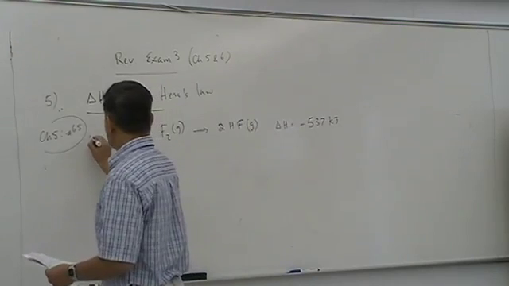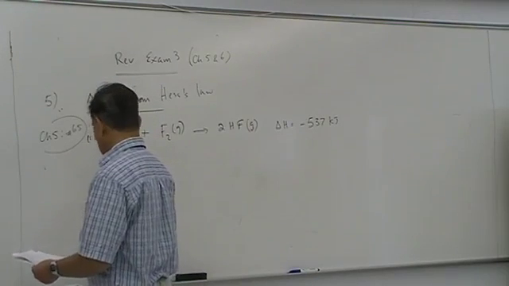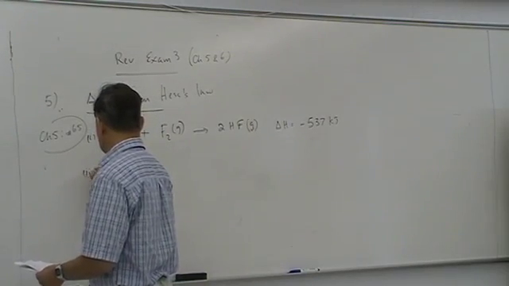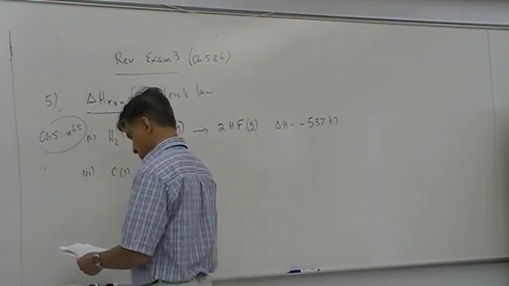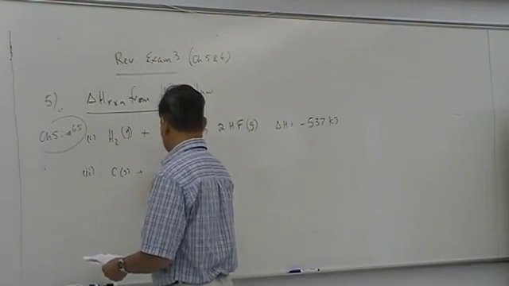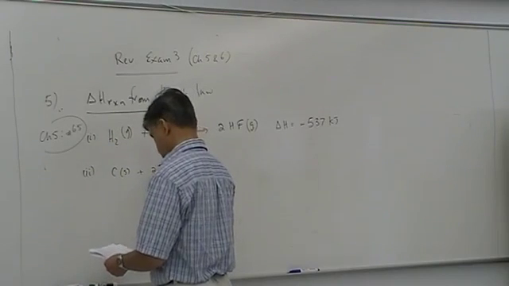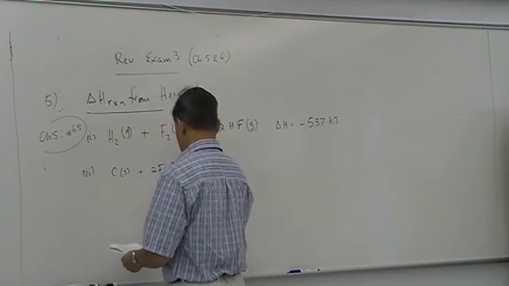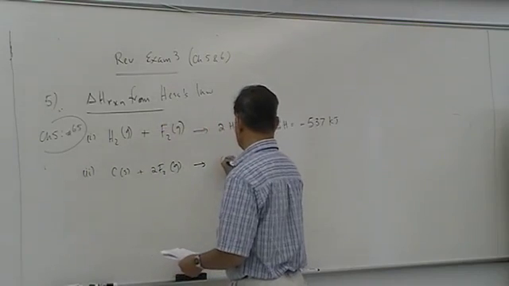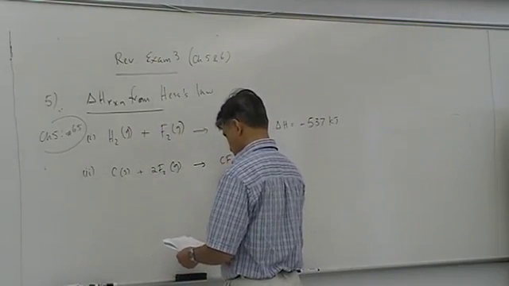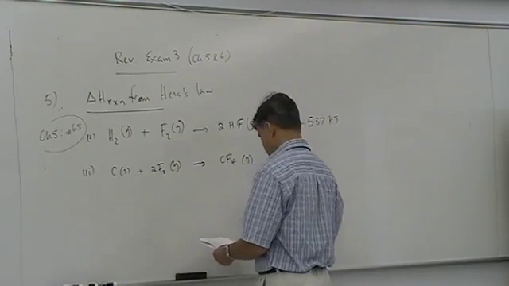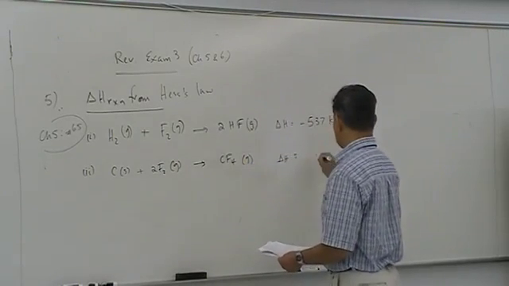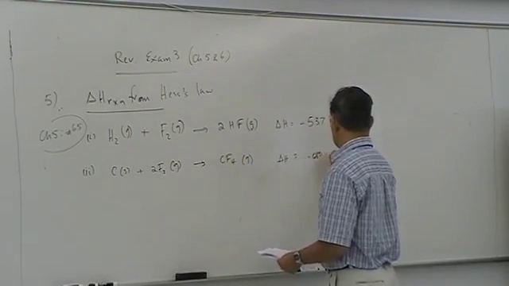Let's call it reaction 1. Reaction 2 is carbon solid plus 2F2 gas, giving CF4 gas, and delta H for this reaction is minus 680 kilojoule.